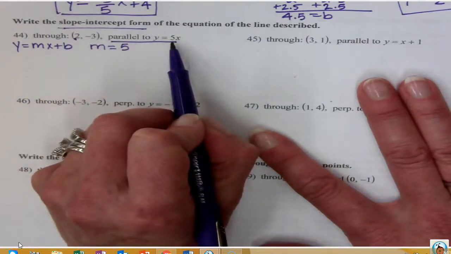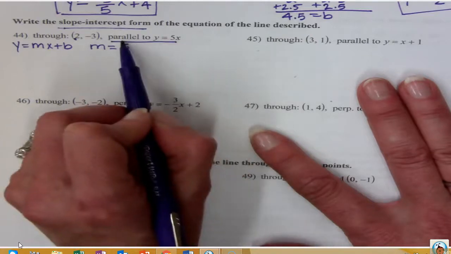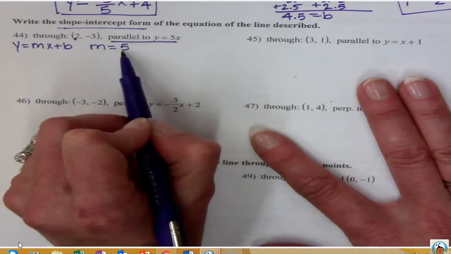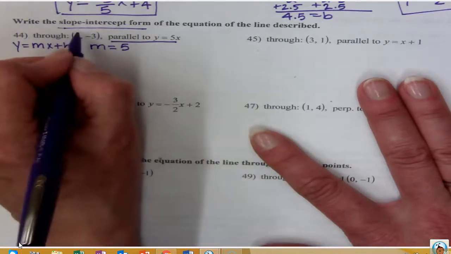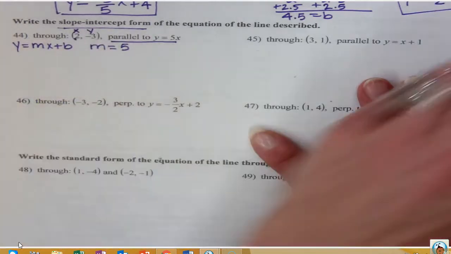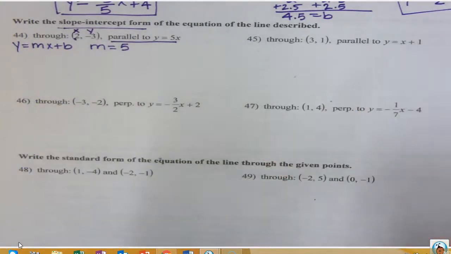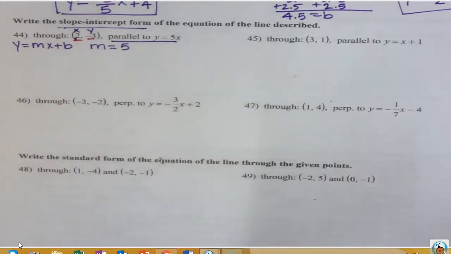In this line, our slope is the number in front of the x, which is 5. Parallel lines have the same slope. We also know that this is our x and this is our y. We can substitute those numbers into our equation, and then solve for b.